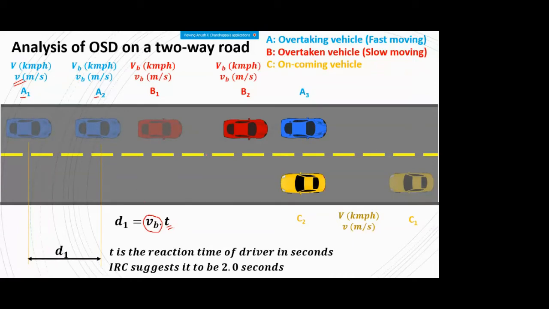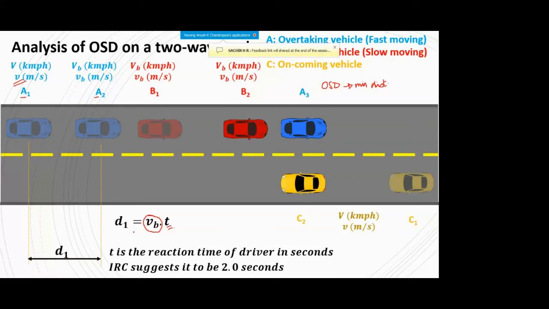If you go back to the theoretical definition of OSD, we had seen that it is the minimum distance. Amongst V and VB, the VB value is obviously less because it's a slow moving vehicle.